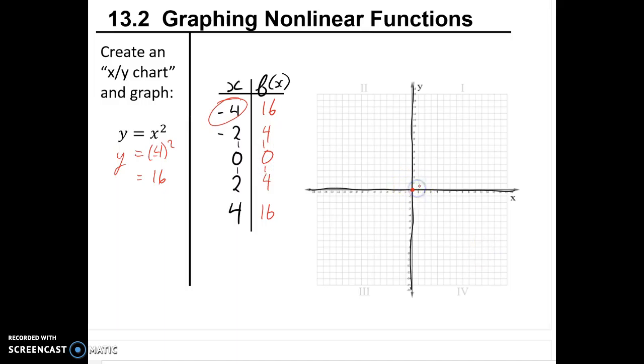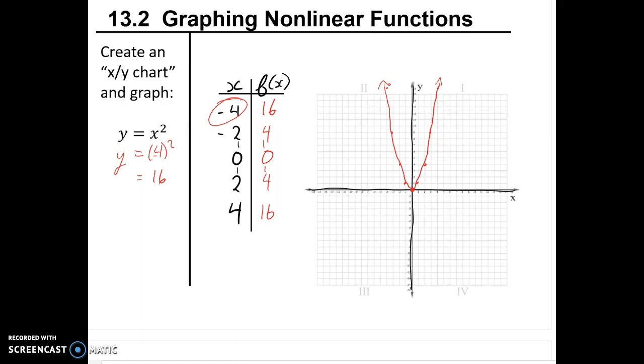0 and 0, 1 and 1, 2 and 4, 2 and 4. If we had 3, that would be 9, 3, 9. And 4 is going to be up here at 16. And we have this interesting shape here.